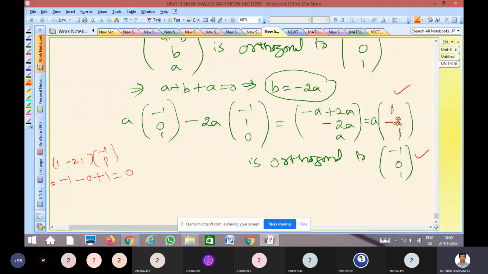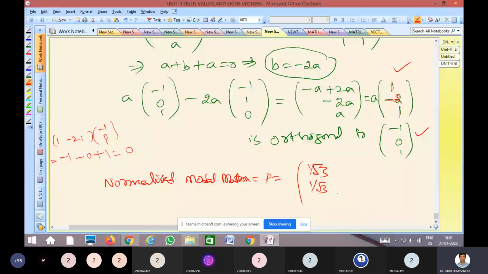So now you can write the normalized model matrix P here. Corresponding to 2, you have 1 1 1, so 1 by root 3, 1 by root 3, and another one is 1 by root 3.